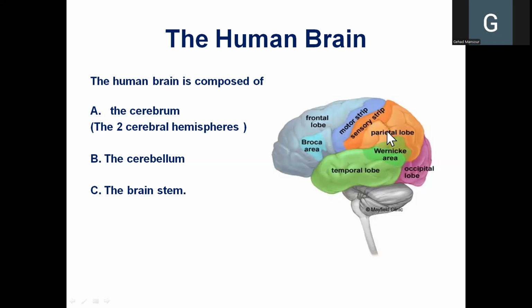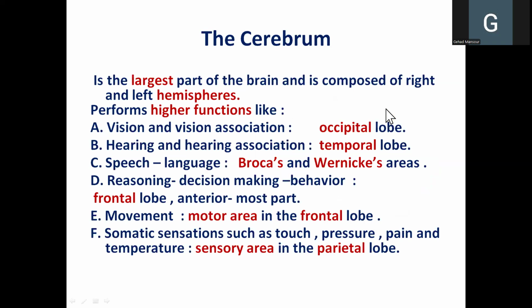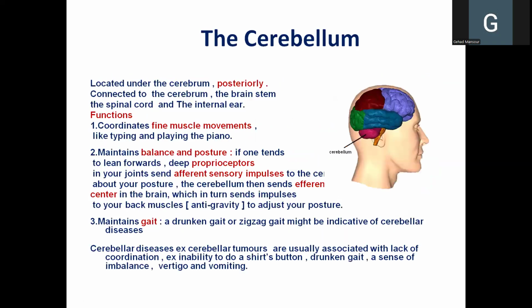So the parietal lobe is connected to the hippocampus that is responsible, as we saw in the comprehension, for recalling sensation. What I want to say is that the sensory association in the parietal lobe is far more complex than just understanding the classical sensations that reach the sensory strip.